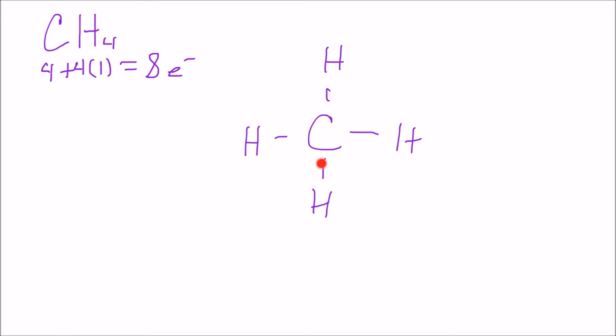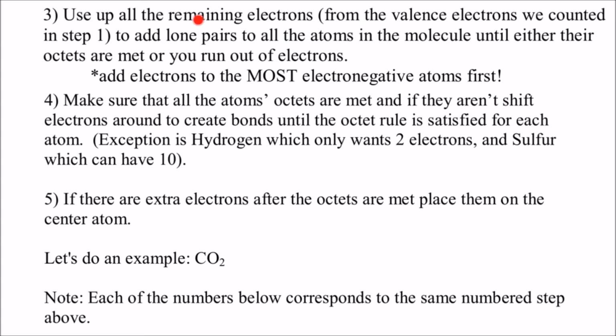Remember, every bond is equal to 2 electrons, so we used 2, 4, 6, 8. We used up 8 electrons, which means we have 0 electrons left to play with. So right here where it says use up remaining electrons, we don't have any remaining electrons. We used all of ours, so step 3 is done.